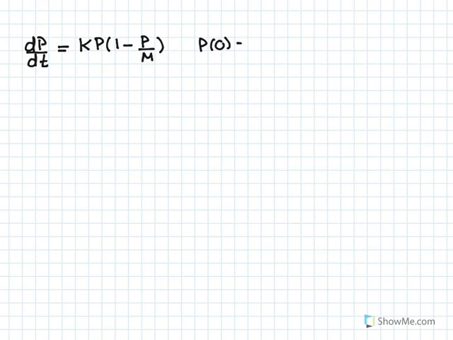So we're going to assume the logistic model dP/dt is equal to kP times 1 minus P over M. The initial population, P of 0, is 100 fish, and carrying capacity is 1,000.